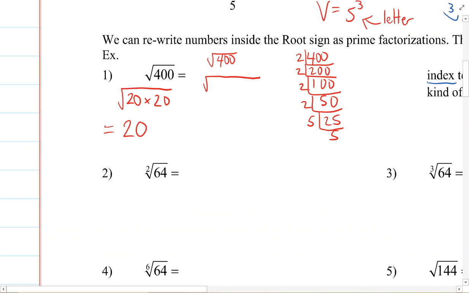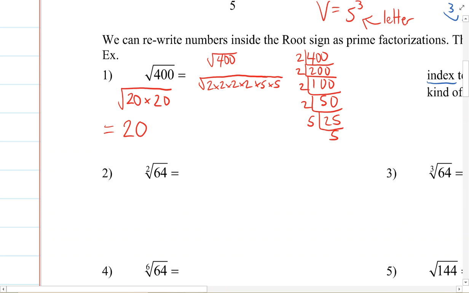But 5 and 5, there we go. So we would break 400 down into its prime factors, which would be 2 times 2 times 2 times 2 times 5 times 5. Make sure your roof right here covers everything inside the radical.